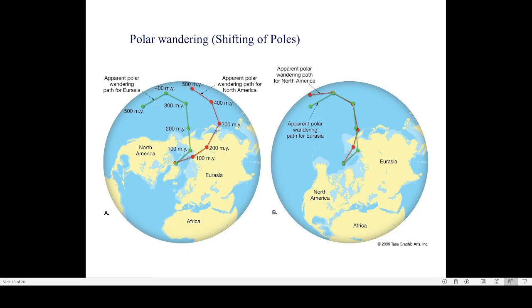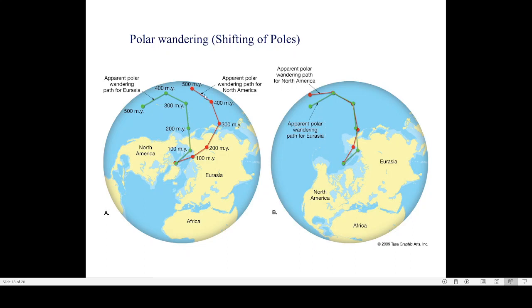Before 300 million years ago, the magnetic north pole was at this point, and before 200 million years ago it was here, and around 100 million years ago, this is the present position of the magnetic north. This is the geographic north. Before 100 million years ago, it was more to the eastern side.